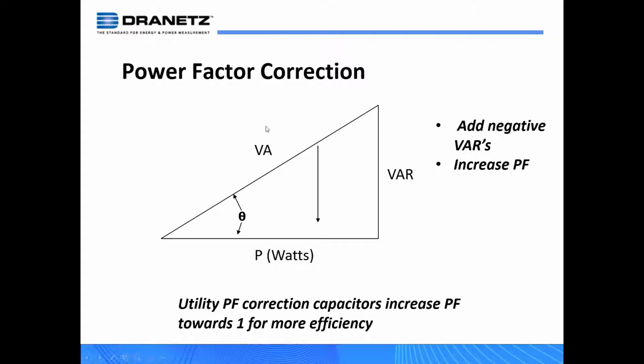So what utilities and large plants do to save money on their utility bill, we'll talk about that a little bit later, is they introduce capacitance in the system, which increases the power factor closer to 1, or being resistive. So basically it adds negative VARs. If you put capacitance in there, you're going to reduce this VA and reduce this angle between watts and VA. So again, utility power factor correction capacitors increase the power factor towards 1 for more efficiency.